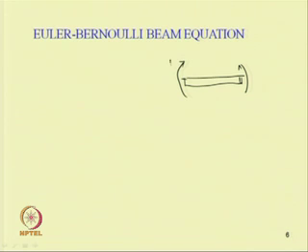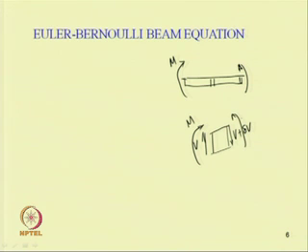This beam is subjected to moment M. Taking a very small element, on the left side let us have shear force V, and on this side the shear force is V plus delta V. Then the moment is M on one side, and on the other side the moment is M plus delta M.